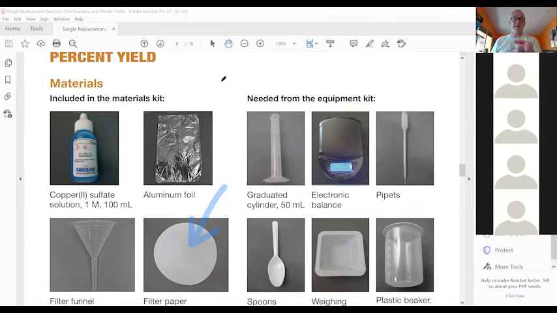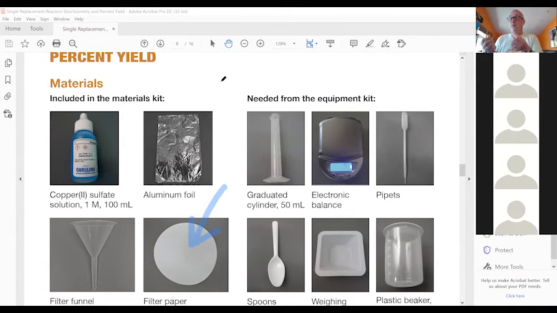I did this experiment with my 410 class last night, and I neglected to mention this, because in the actual protocol they want you to scrape the copper off the filter paper and onto something else. That's just going to lead to more loss of your product, and it's another unnecessary step.